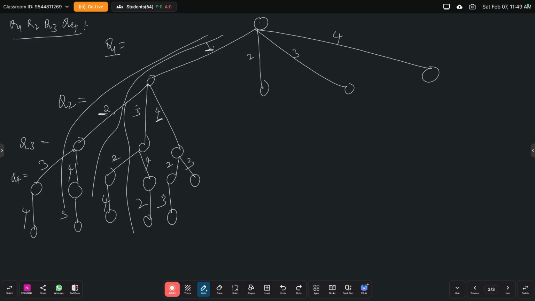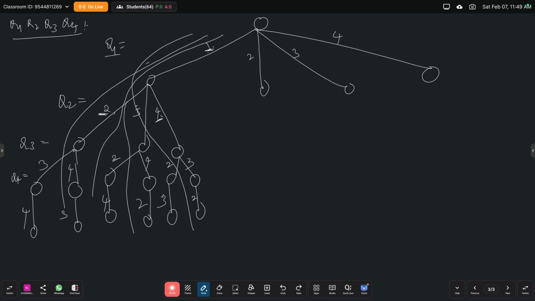Only 3. If queen 3 is at third column, the only way is 2: 1, 4, 3, and 2. In this way we have to draw the state space tree.